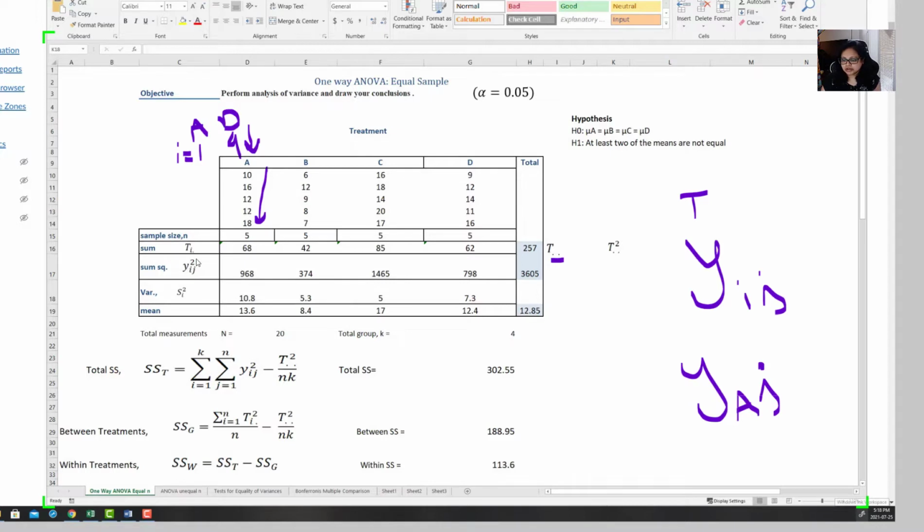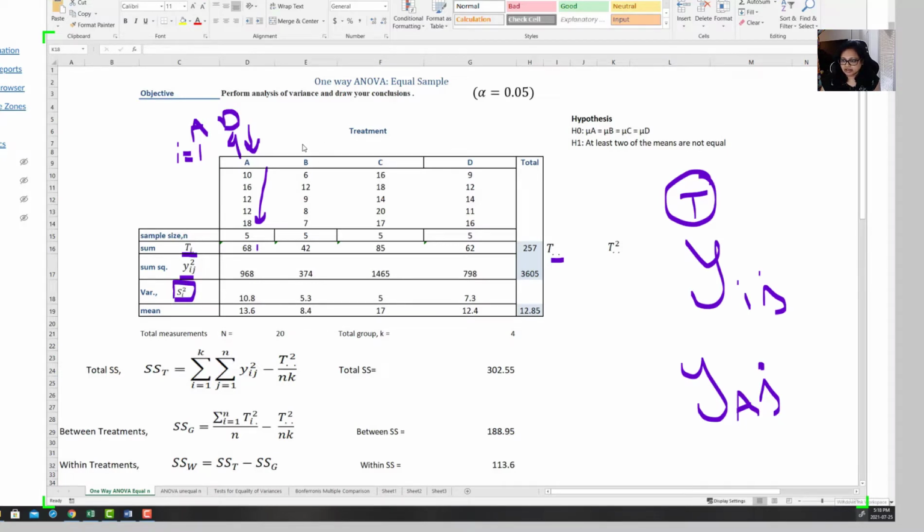You can see that I wrote T i dot, that means the total for treatments A, B, C, D. In each of those cases, what are their totals? T will be used as total, Y will be used as observed values, and for variances we also use S i.